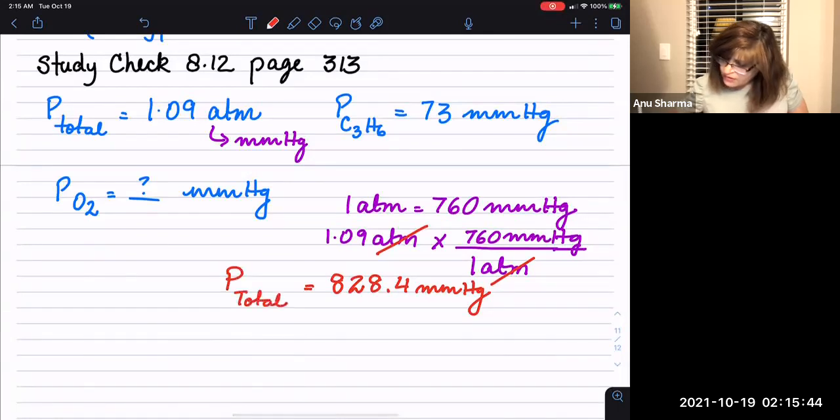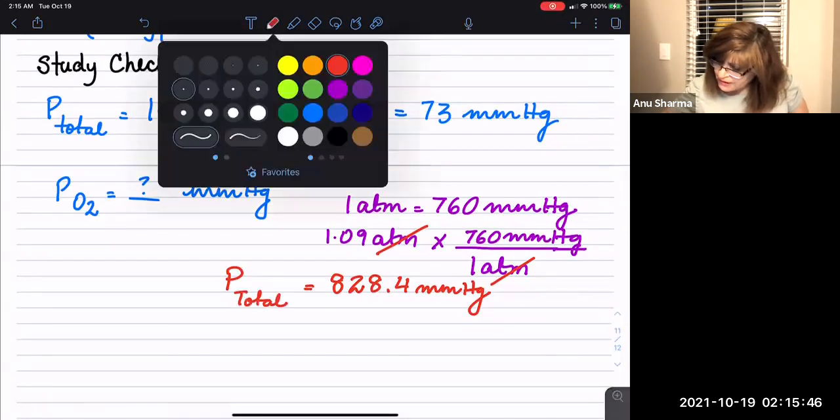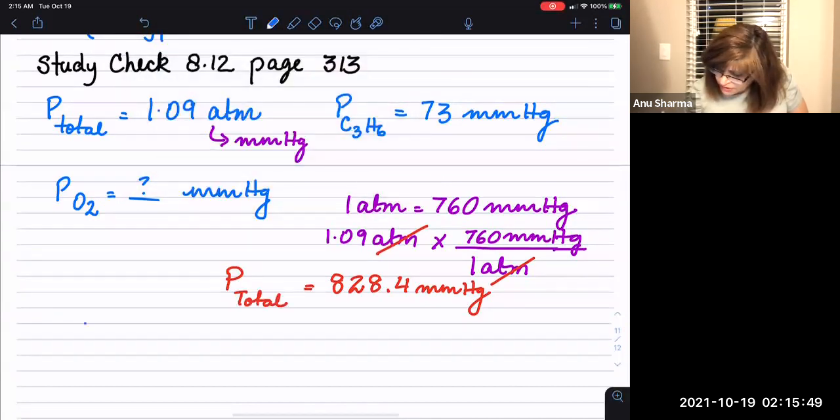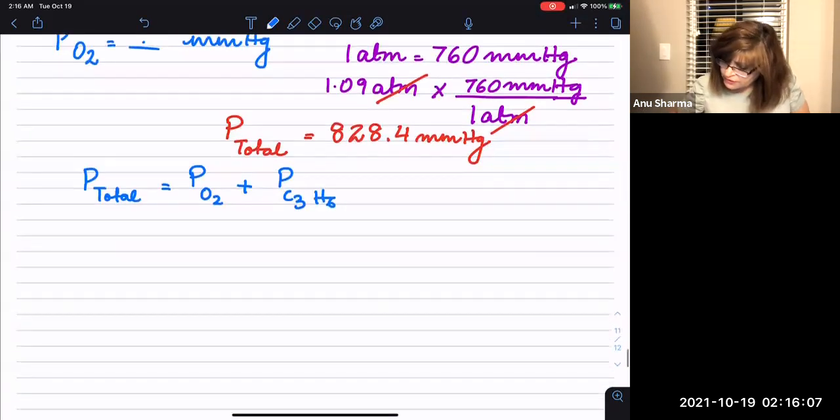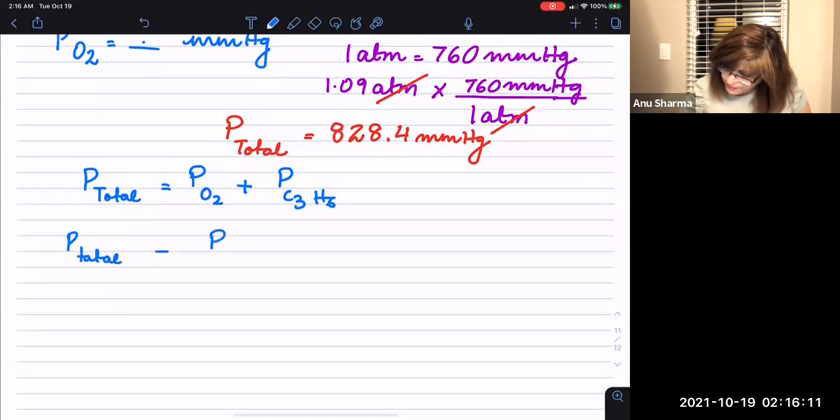Now let's put these numbers in. P total is equal to P of oxygen plus the partial pressure of C3H6, or in other words, P total minus P of C3H6 is equal to P of oxygen.